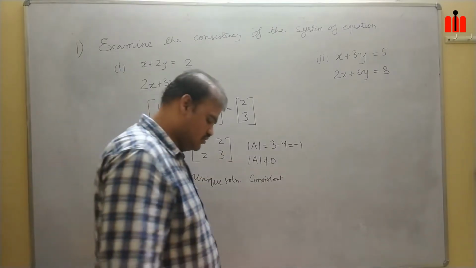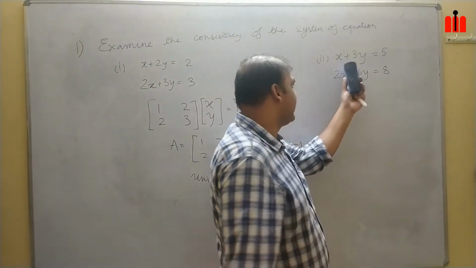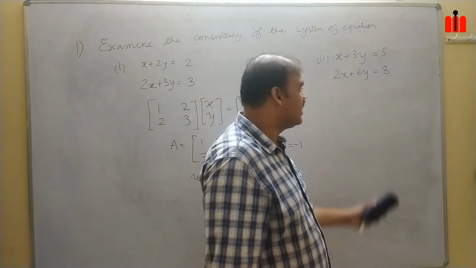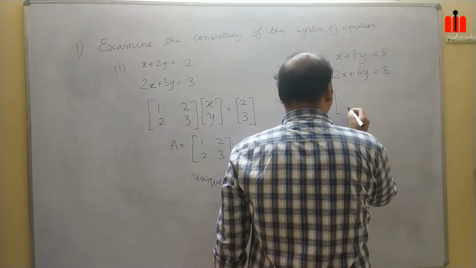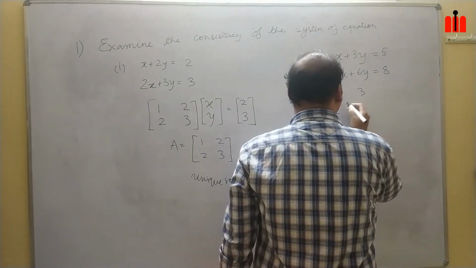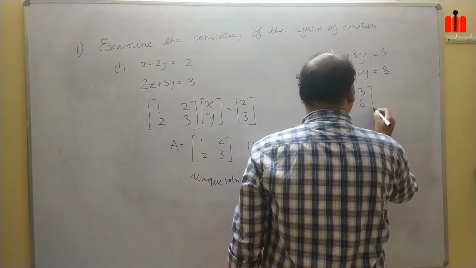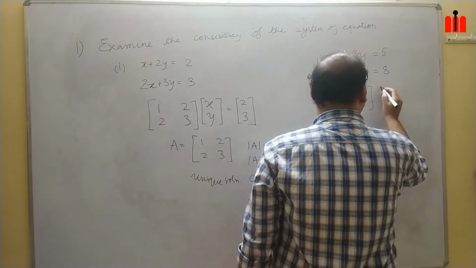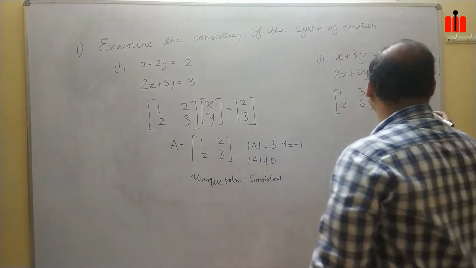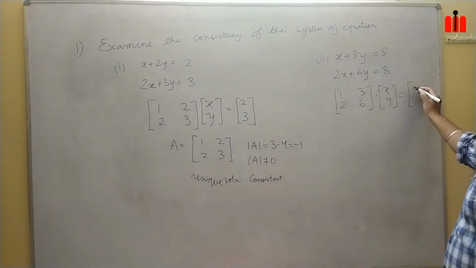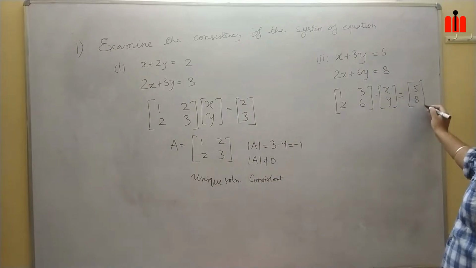Now let's move on to another part of this question. x plus 3y is 5 and 2x plus 6y is 8. So my matrix will be [1, 3; 2, 6] times [x; y] equal to [5; 8].